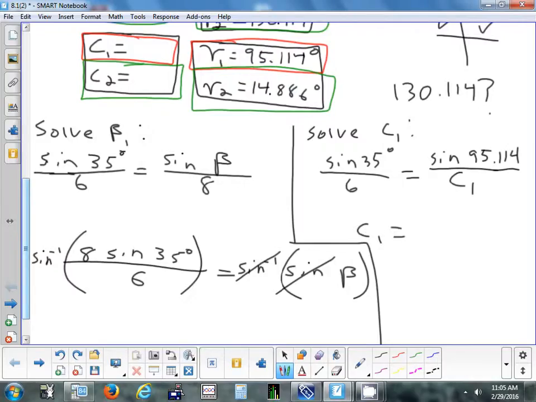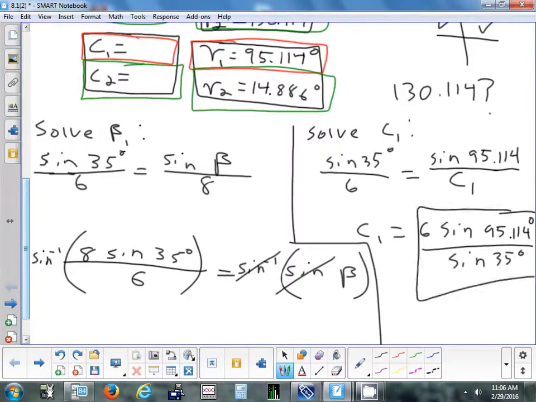Okay, so what is C1? Just tell me it's what times what divided by what. Yep. It would be 6 sine of 95.114 divided by sine 35. Yes. There's your answer for C1. Okay, any questions on how to type that in?